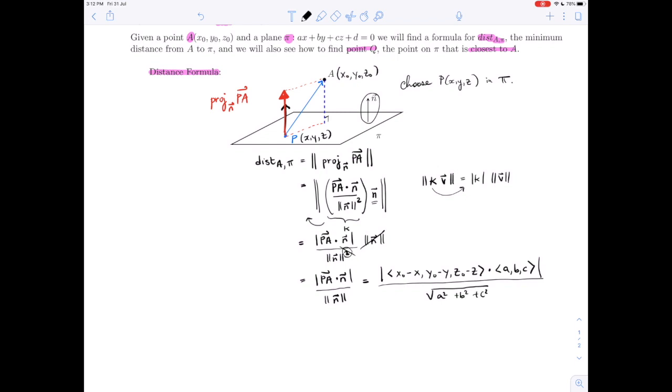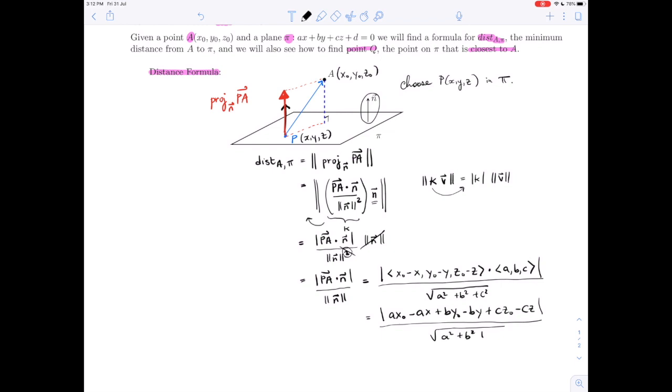So if we expand the dot product, we're going to have in absolute value a times, and let me distribute the a at the same time, so a times x0 minus ax plus b y0 minus by plus c z0 minus cz in absolute value, and divided by the square root of a squared plus b squared plus c squared.